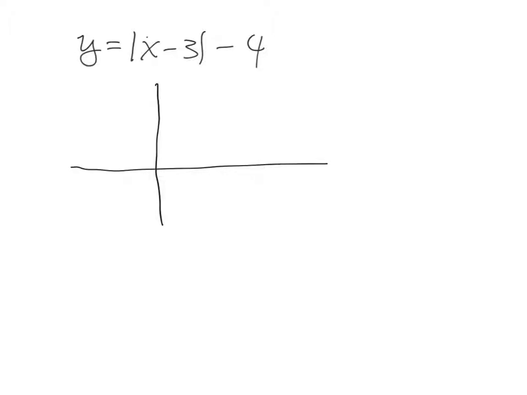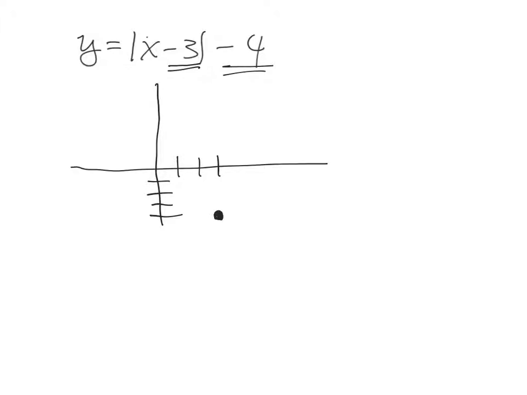And technically, I don't know that we call it a vertex, but where is the point? Where would the vertex be? Okay, to the right 3 and then down 4. So 1, 2, 3. Negative 4 would be the corner point where the V goes through.